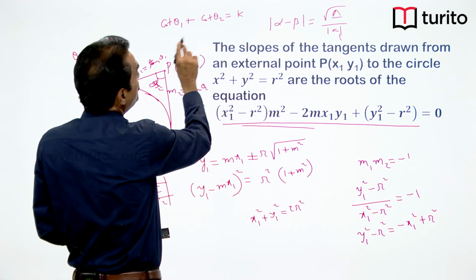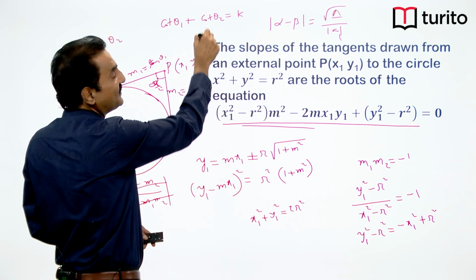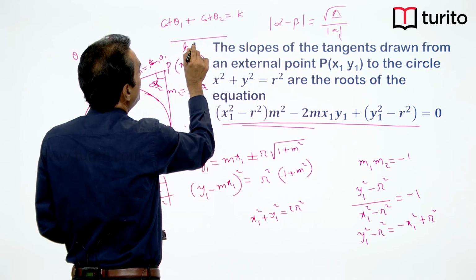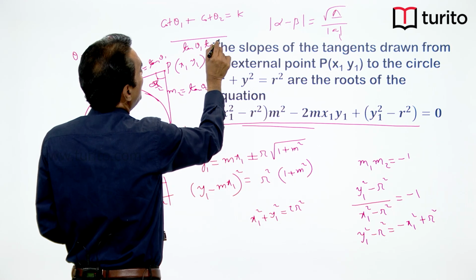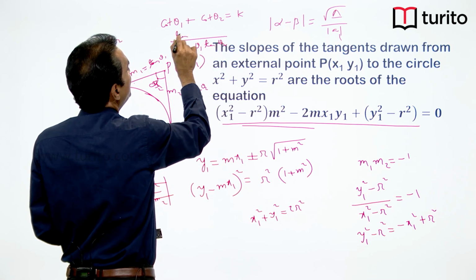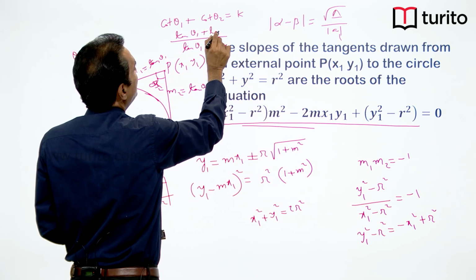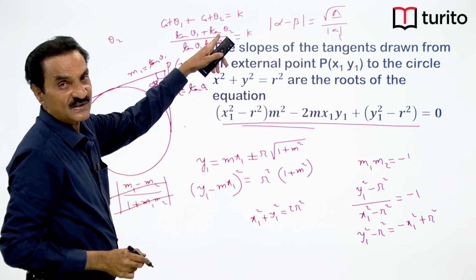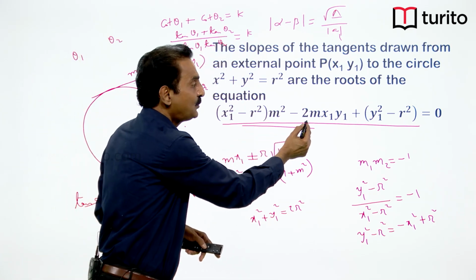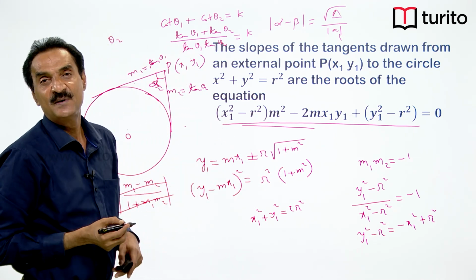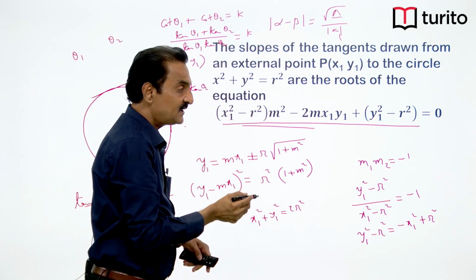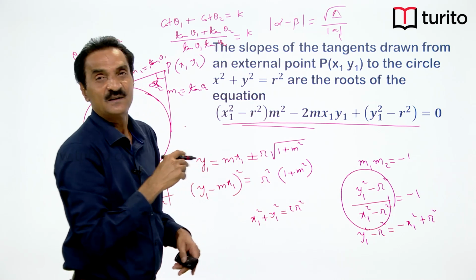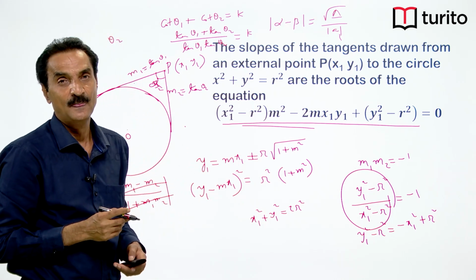Then if you convert into tan, this is 1 by tan theta 1 plus 1 by tan theta 2, then taking LCM we get the numerator tan theta 1 plus tan theta 2 over tan theta 1 into tan theta 2 is equal to k. Tan theta 1 plus tan theta 2 is the sum of the roots, 2x1 y1 upon x1 square minus r square, and tan theta 1 tan theta 2 is the product of the roots, this. Substituting here you will get the locus of the point P. Okay.